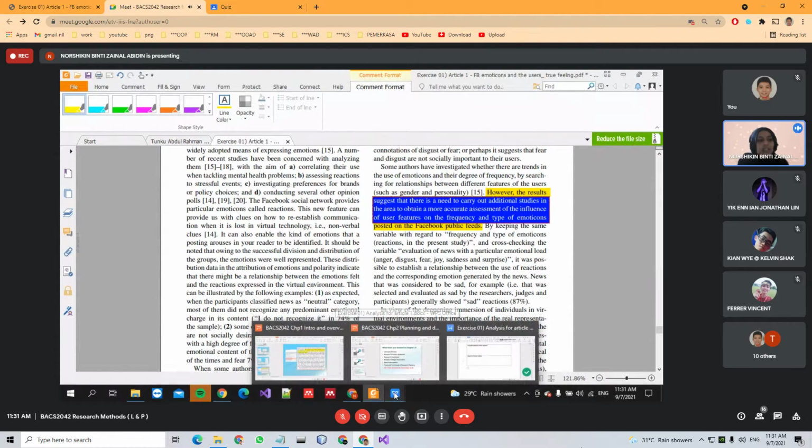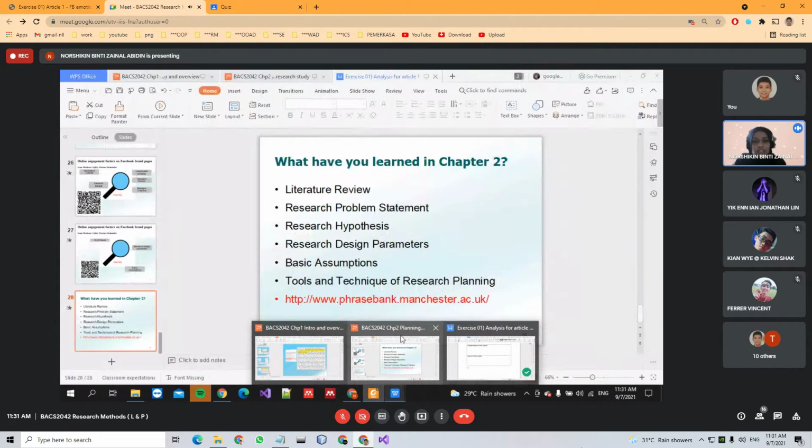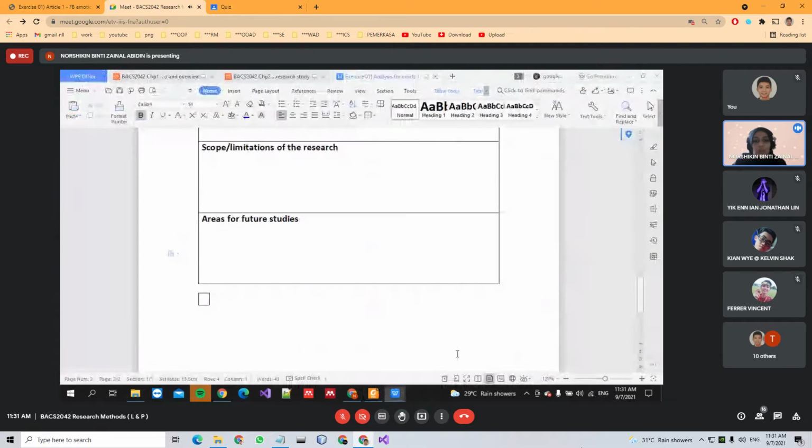What is the meaning of area of study? Area of study is the focus of your study. So this question asks, what is the area of study for your next research? What is the focus of your next study? Okay, area of study for future study here is what is the next area of research from this limitation or this gap here. So that's that.